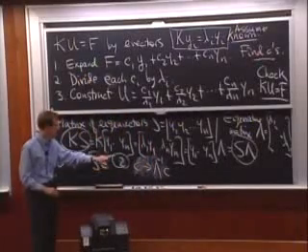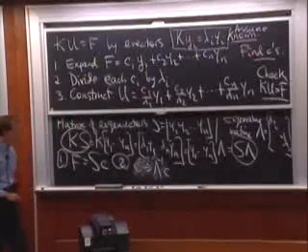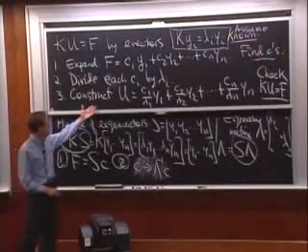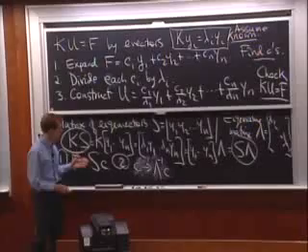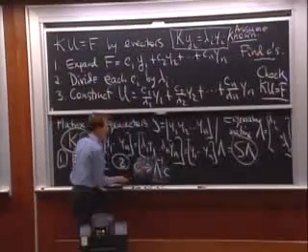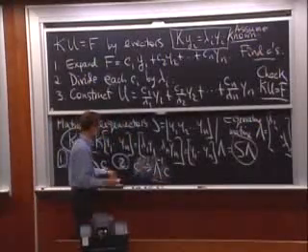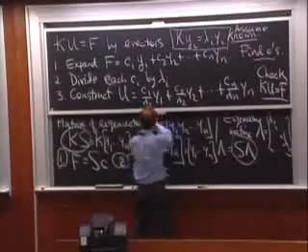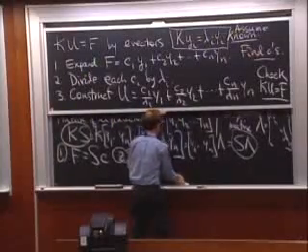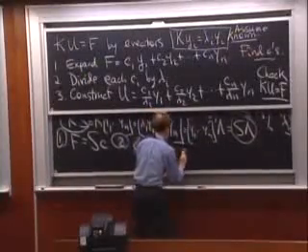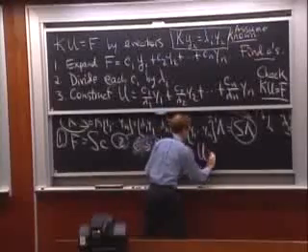So that c becomes lambda inverse c. Okay. And then step 3 uses lambda inverse c to construct u. So step 3 is the answer u.